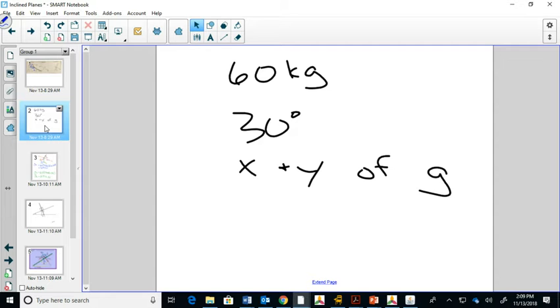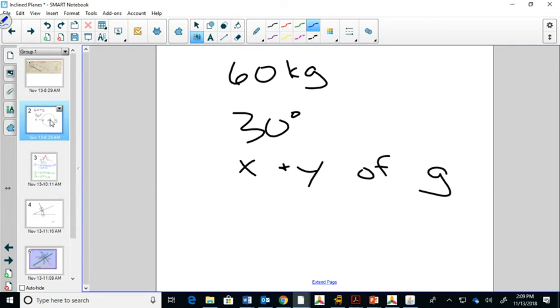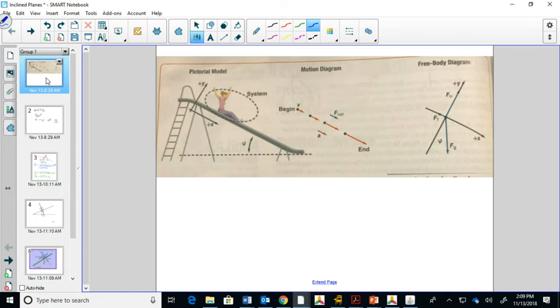All right, let's try an actual calculation. What if I say that this young lady in our slide problem here has a mass of 60 kilograms and we said the angle of this slide is 30 degrees? Now, where would that be, by the way? If we were talking about the angle of the slide, where would we mean by 30 degrees?